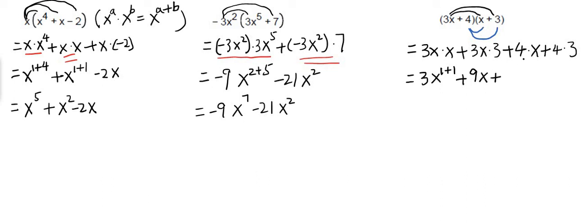The third term is 4x, and the last term is 4 times 3, which is 12. We can simplify it: 3x squared plus 9x plus 4x, 9 plus 4 is 13, x plus 12. That's it.